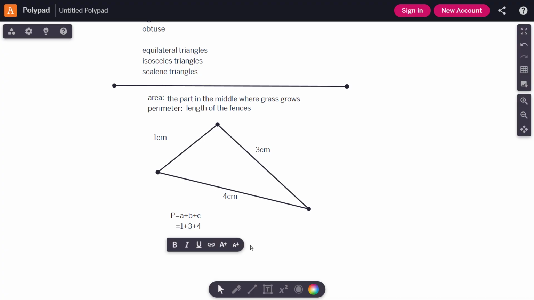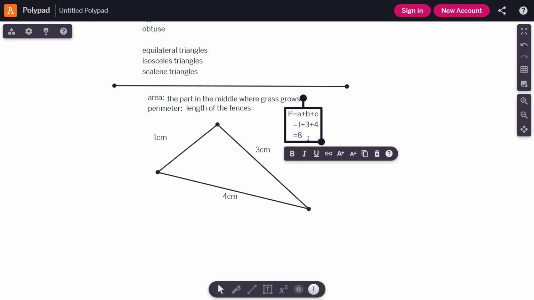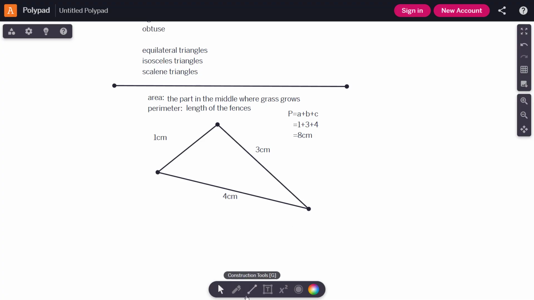The sides can be called whatever you want, but we mostly use A, B, and C. Equals 8. So the perimeter of this triangle is 8 centimeters. Don't forget to add the unit, else you're cooked on the test.